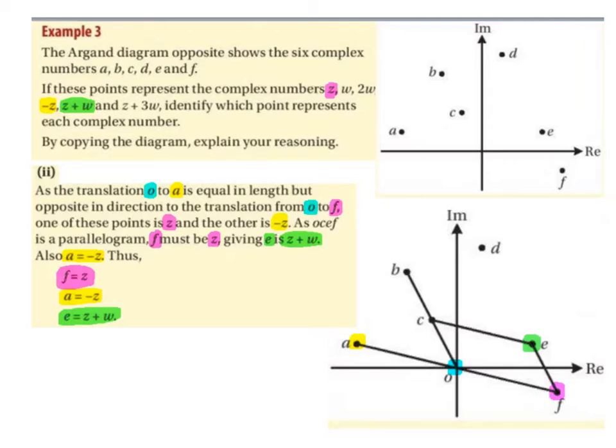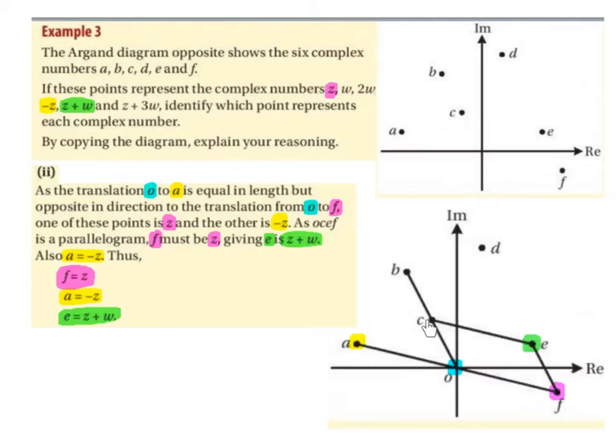So one of them must be z and the other must be minus z. As OCEF is a parallelogram, F must be z, giving E as z plus w. So F must be z because we have another option which is z plus w.